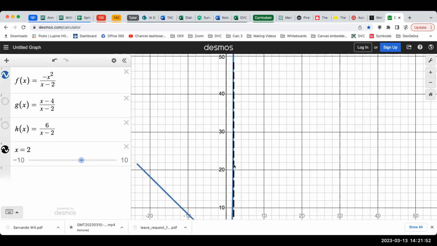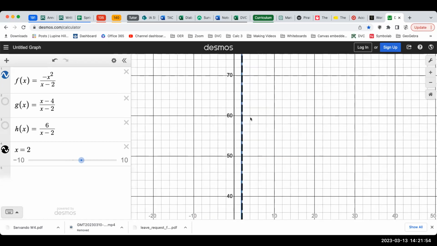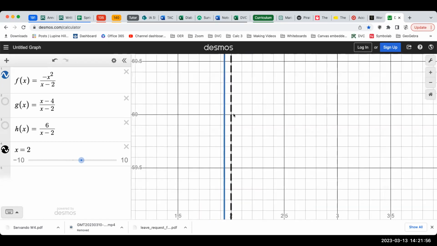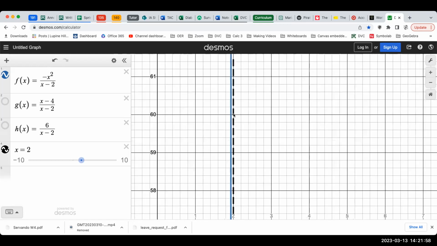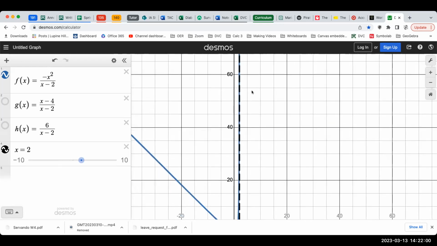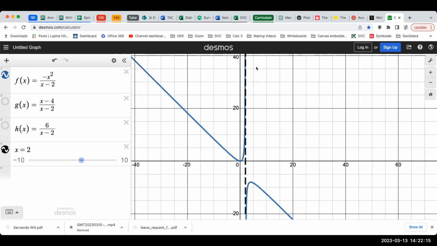No, it looks like it, but it just keeps getting closer and closer, but it will never really touch it. It can't touch it because if it touched where x equals 2, then there would be a point on it where you plugged in 2 and it gave you a y value, but that can't happen because 2 is not in the domain.